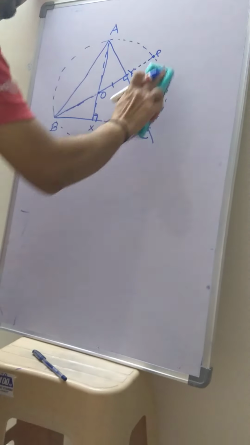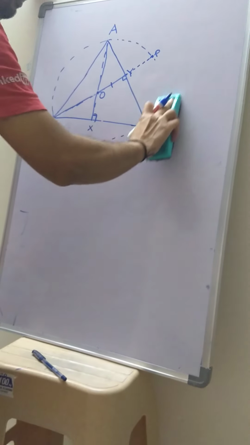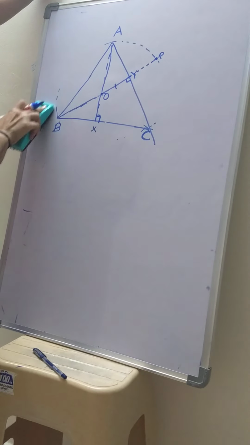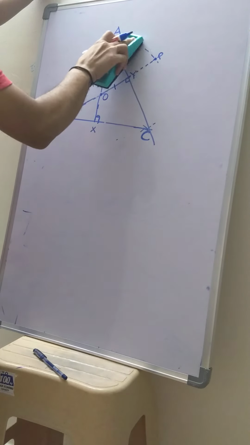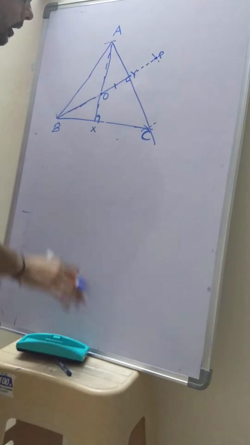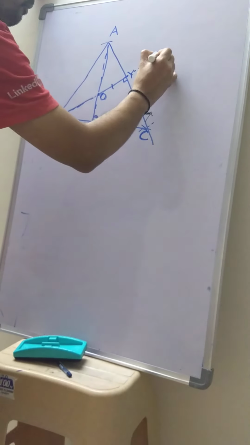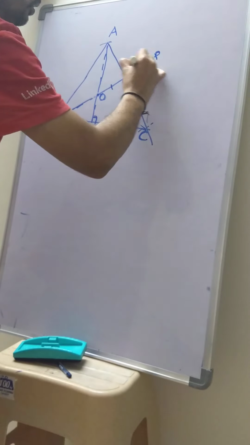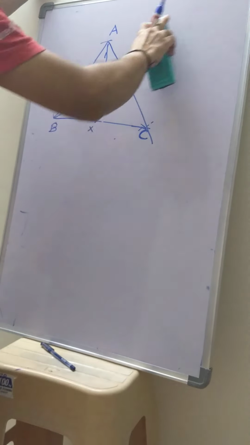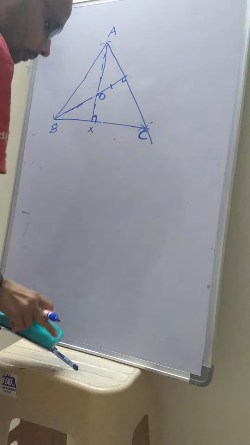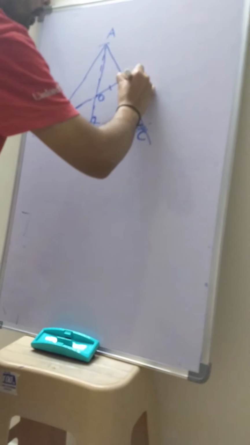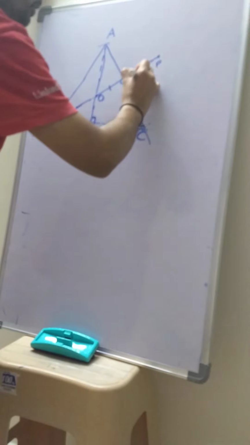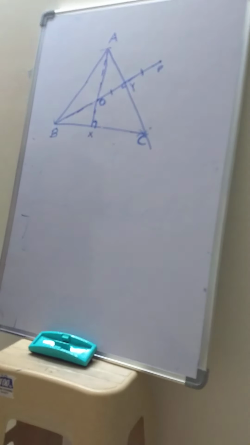Okay, so let me first erase this circle so that you don't get confused. Now basically, this is the orthocenter. This point P is actually the mirror image, right?